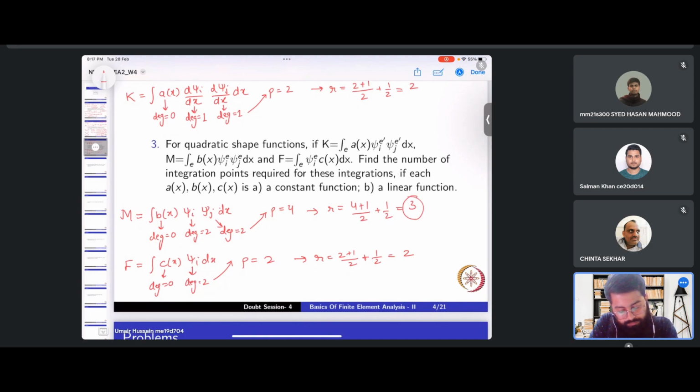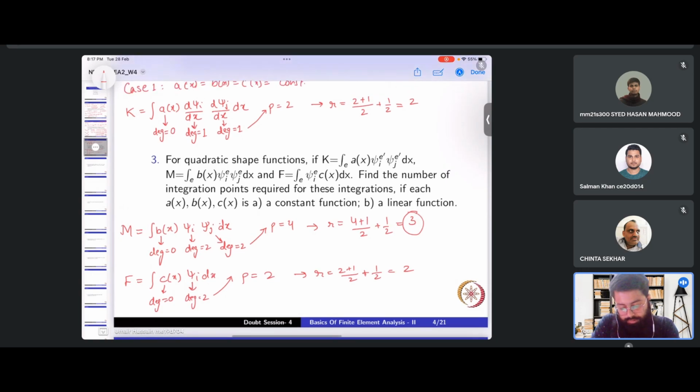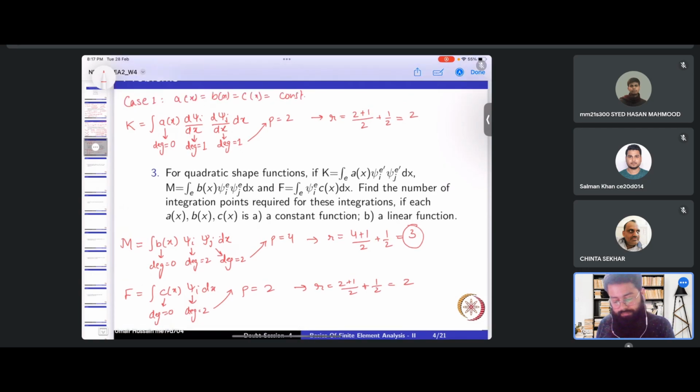In the next case, case 2, a, b and c are linear functions. So for case 2 this changes to degree 1. So now we have p equals 3.